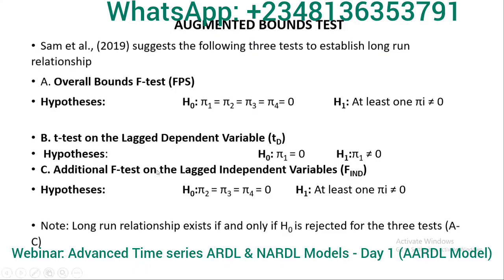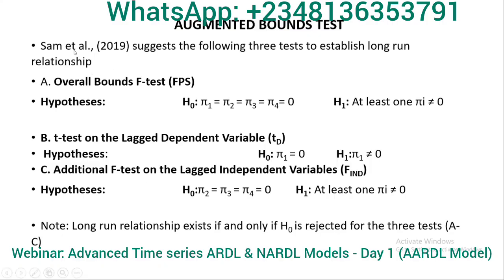You can see why we call this the augmented ARDL model: it is because of this additional F test on the lagged independent variables, the additional test on the coefficients of the lagged independent variables.